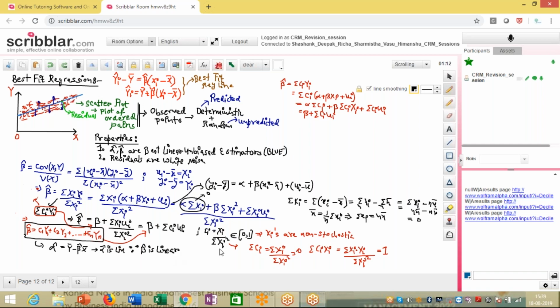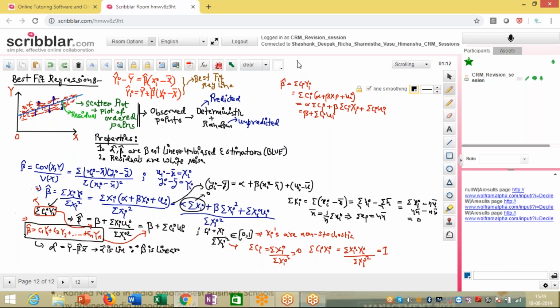So this is also a result which can be easily seen. Now comes the next part. So over here we now need to test whether beta hat is unbiased or not. So what is the definition of unbiasedness?